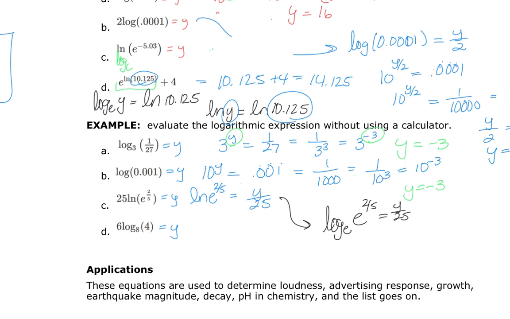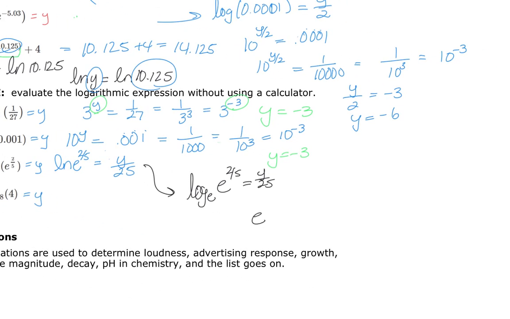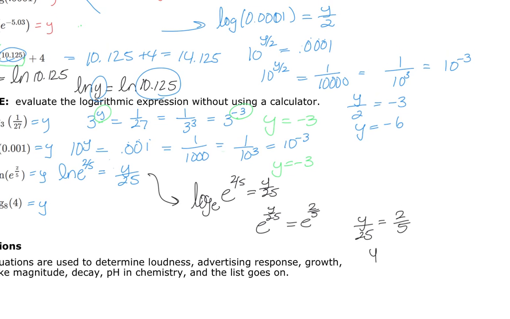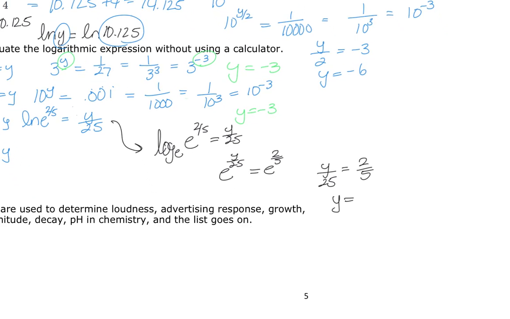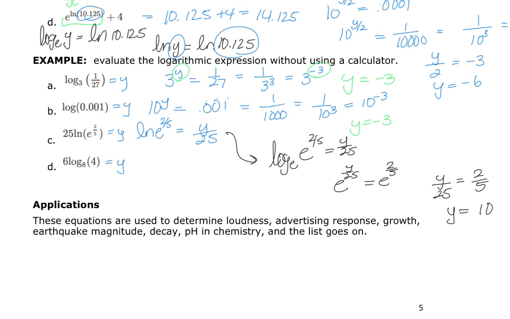That means e, turning this to an equivalent exponential, e to the y over 25 is equal to e to the 2 over 5. That means y over 25 must be equal to 2 over 5. That means y, multiplying both sides by 25, is going to give me 10, because 2 times 25 is 50 divided by 5 is 10.